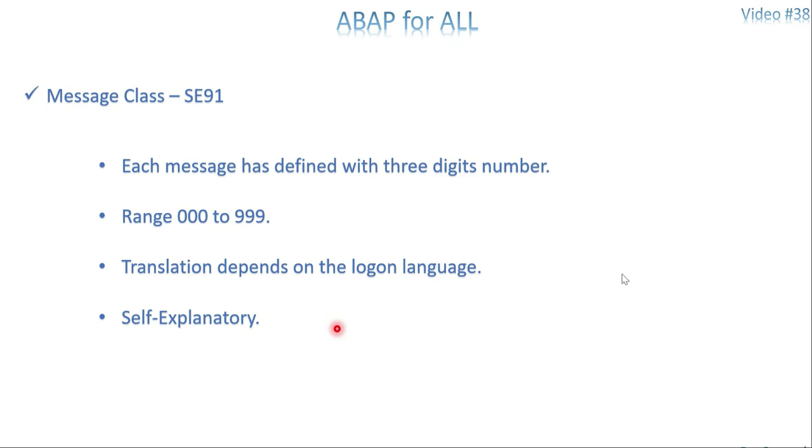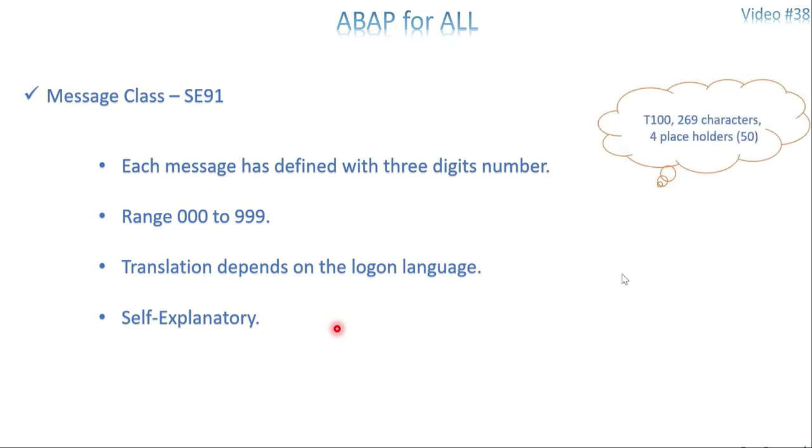If the user clicks help, it describes more about the message: what happened, what could be the next step, what is the next procedure, and so on. It's a kind of documentation. So even if a single line of message is not enough, you can make use of this. It is a long text for each message, so each of the 1,000 individual messages has this option. These are the properties of a message class in ABAP, and we'll see them one by one.